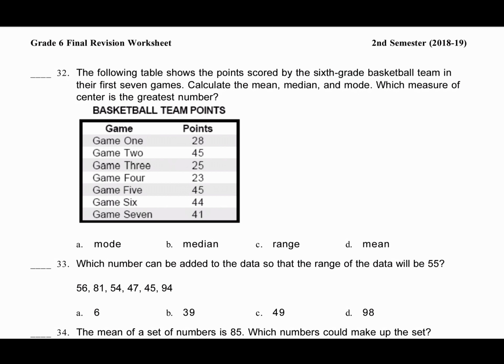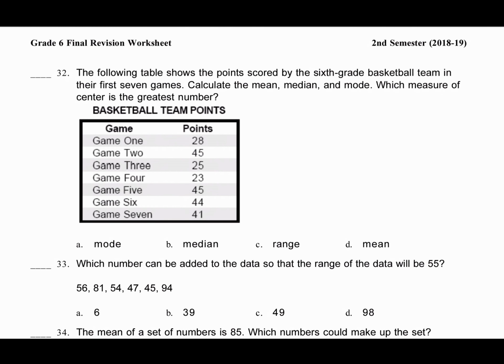As we know, to calculate the mean, we have to add all values, then divide by their number. To determine the median and mode, we have to rearrange the data from greatest to least or from least to greatest, it doesn't matter.